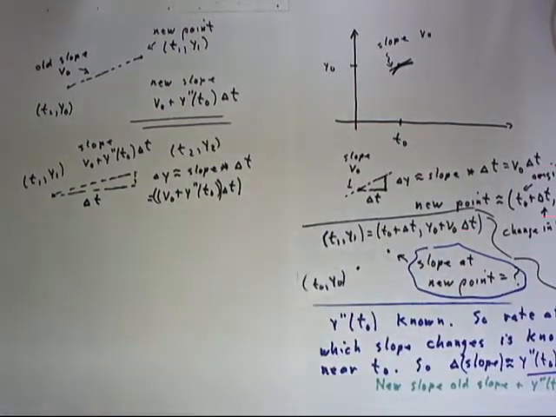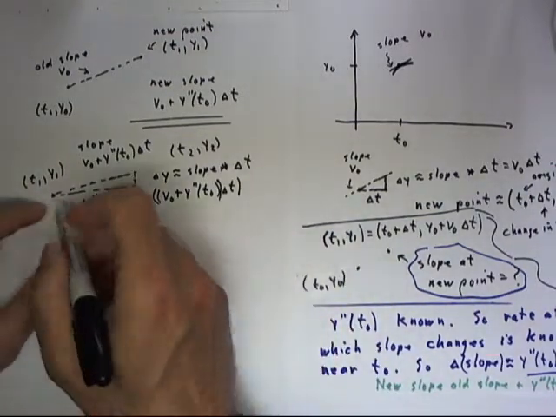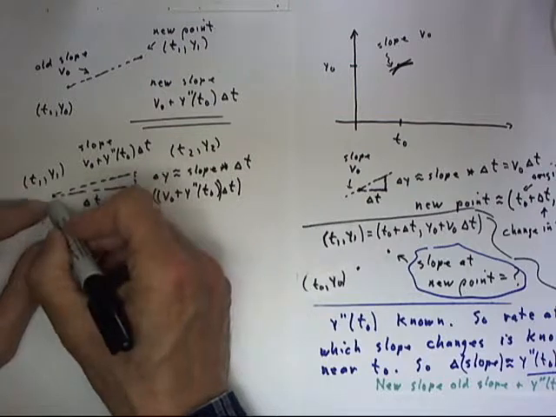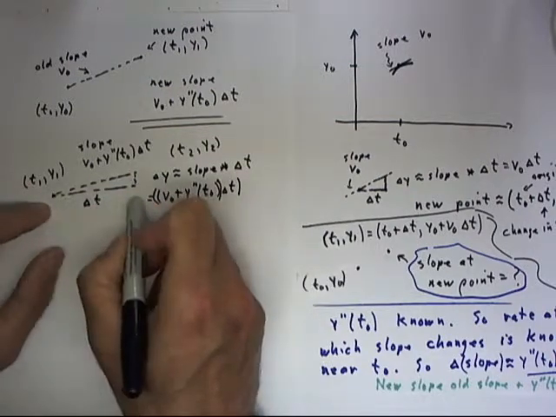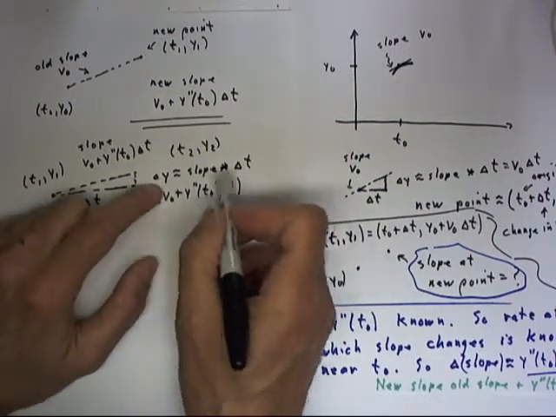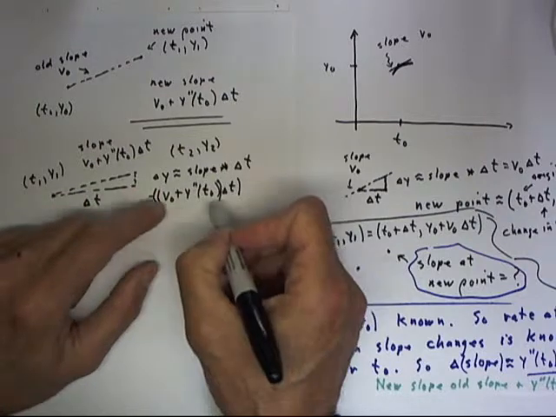Now, it should be clear that starting from our point t1, y1, we can move delta t. We're going to get a change in y, which is slope times delta t.